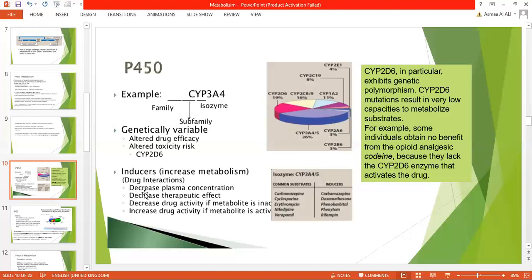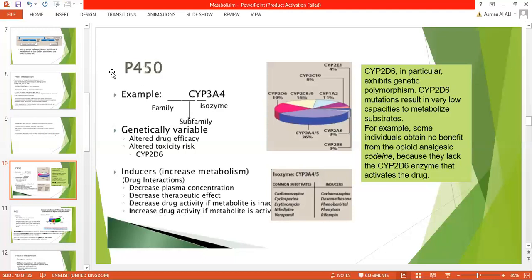It will also decrease the plasma concentrations of the drug. It decreases therapeutic effect, decreases drug activity if the metabolite is inactive, and it will cause increased drug activity if the metabolite is active.